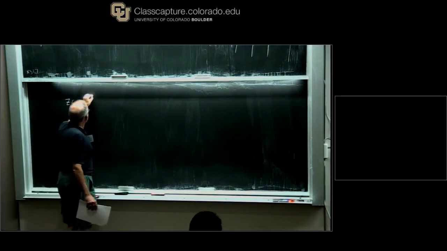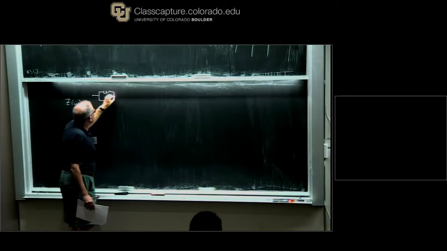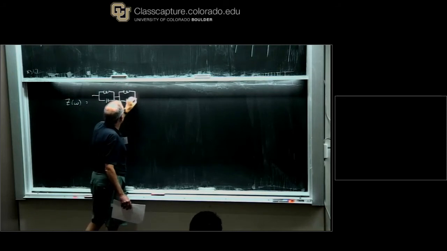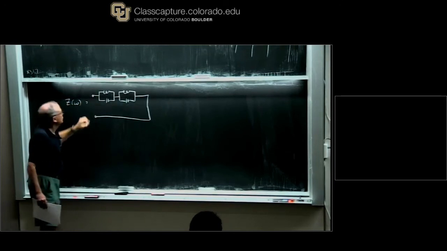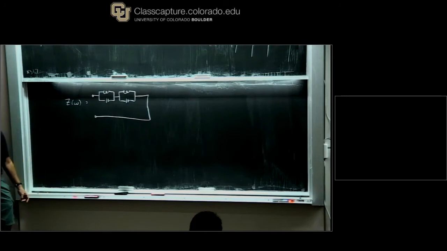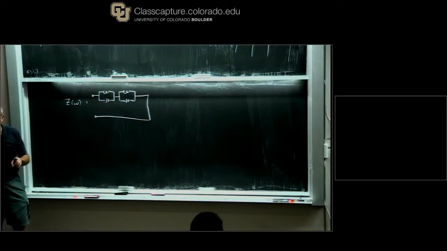First Foster form is this, so LC circuits all the way. So potentially infinitely many of such LC stages, and this is also a unique representation. That is, there's a unique choice of the L's and the C's that will give this. There are just some special cases.